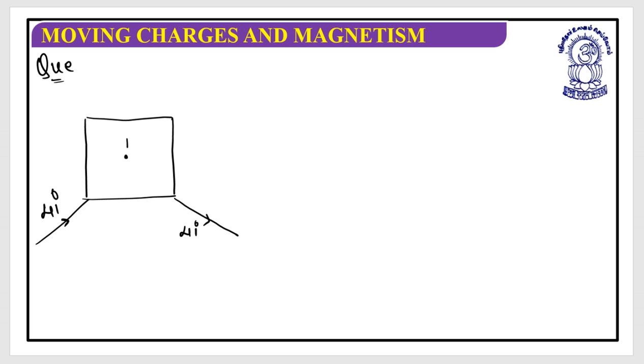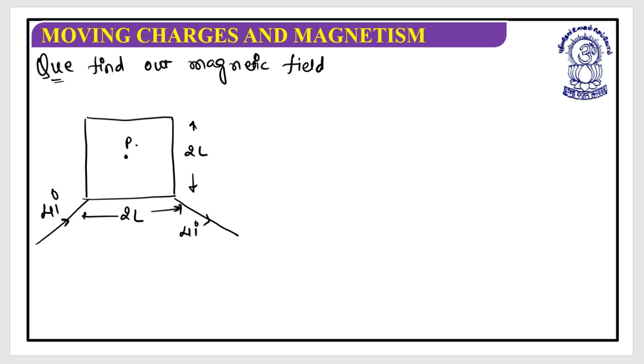This is a point where magnetic field is required. This length is l. You have been given to find out the magnetic field at point P. This is the requirement, find out the magnetic field at point P.